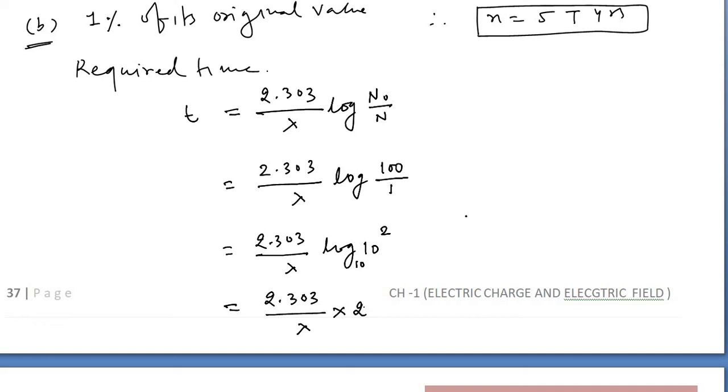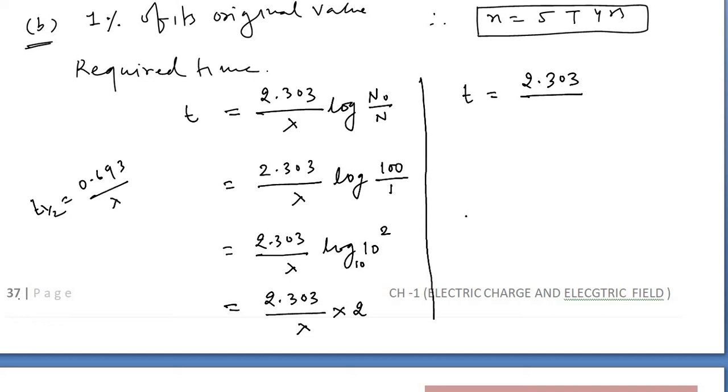Okay, but when we place the value of lambda, we know the half-life is given by t half, that is equal to 0.693 upon lambda.